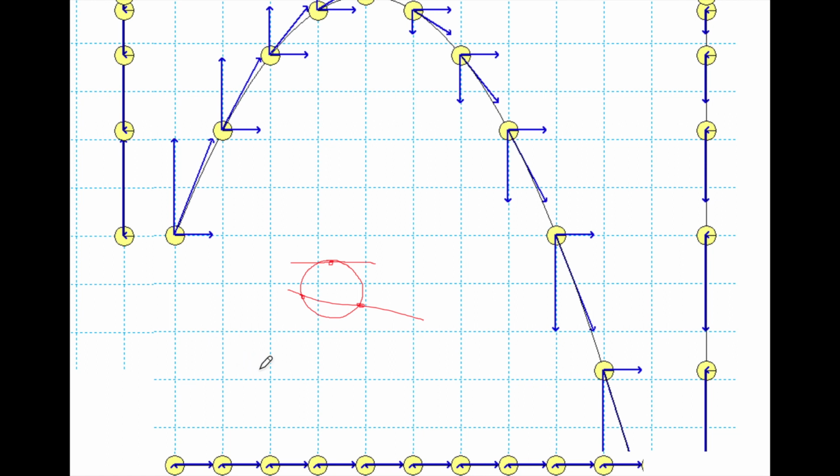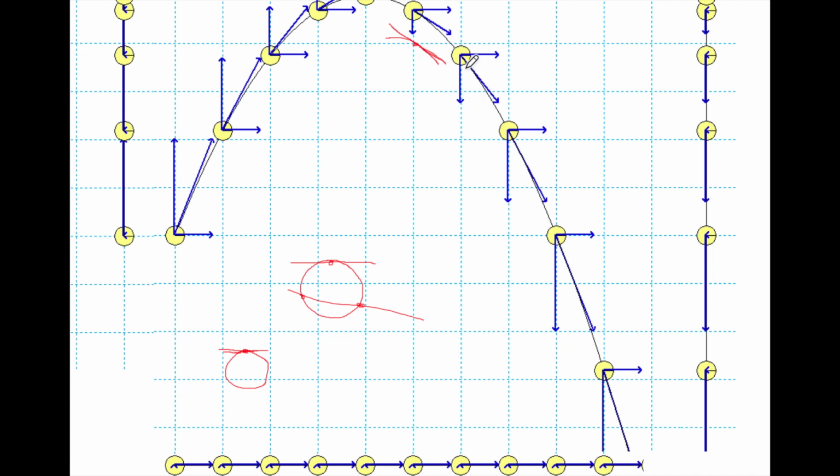So again, let me see if I can try to draw this again. Okay, something like that. So this would be tangent to the arc here. At this point right here, because this is a curved path, if I draw a line that runs tangent to it, like so, this would be the line that is tangent to that arc.